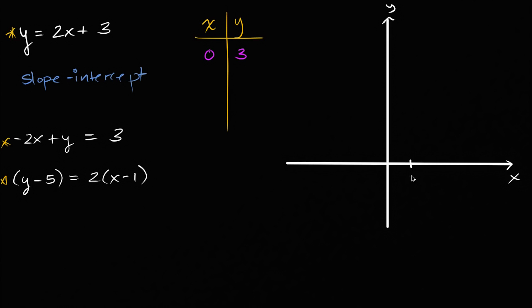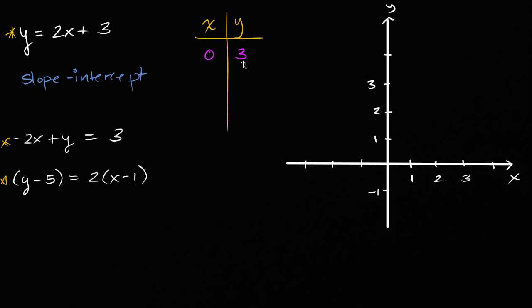So this is x equals 1, x equals 2, x equals 3. This is y equals 1, y equals 2, y equals 3. And obviously I can keep going. This would be y is equal to negative 1. This would be x is equal to negative 1, negative 2, negative 3. So on and so forth.